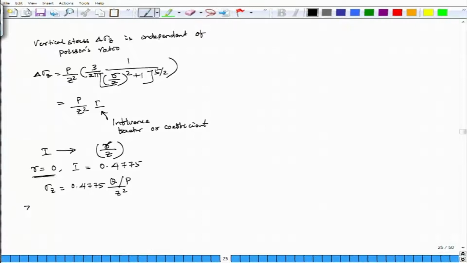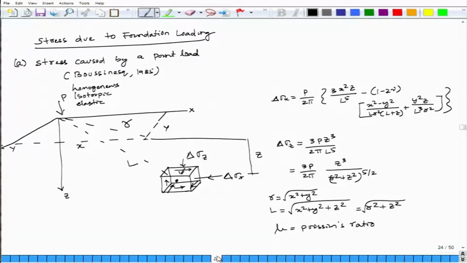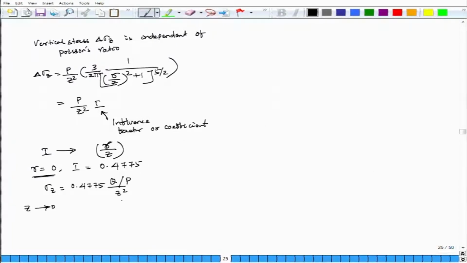Now comes the next part, z tends to 0, that means the depth changes to 0, what will happen? Z is equal to 0 means this depth is equal to 0 and r is equal to 0. Once z is equal to 0, sigma z tends to infinity, which is not true.